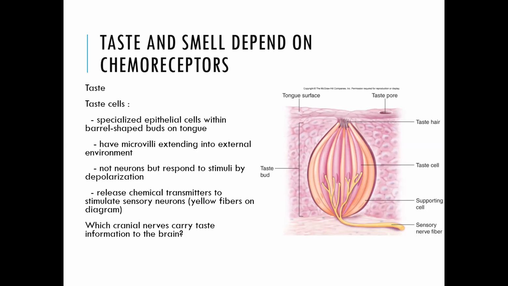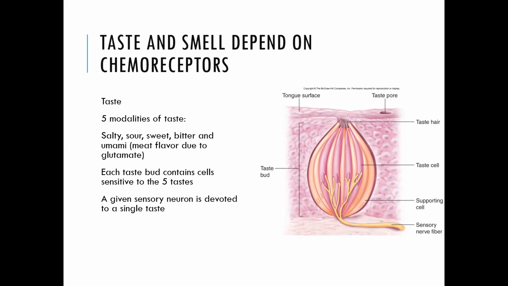And they would release chemical transmitters that stimulate sensory neurons. So you're seeing those yellow fibers at the bottom there, the sensory nerve fibers. And those are responsible for releasing neurotransmitters to allow us to detect different tastes, right? And you all would remember last week we discussed different regions of the brain. So they're asking here which cranial nerves carry taste information to the brain.